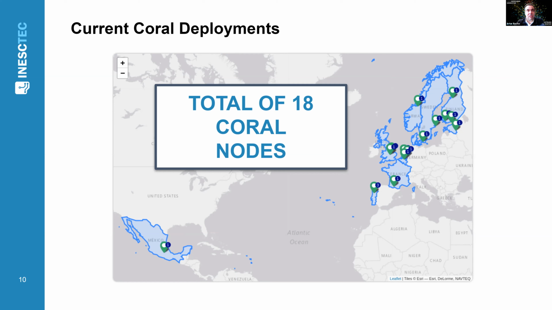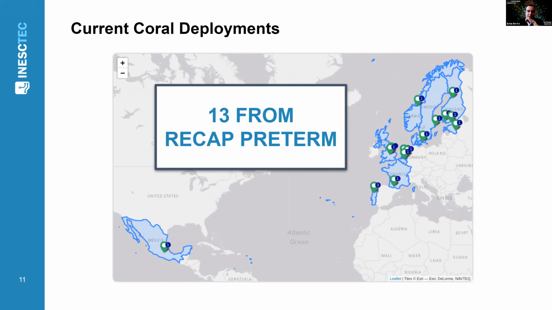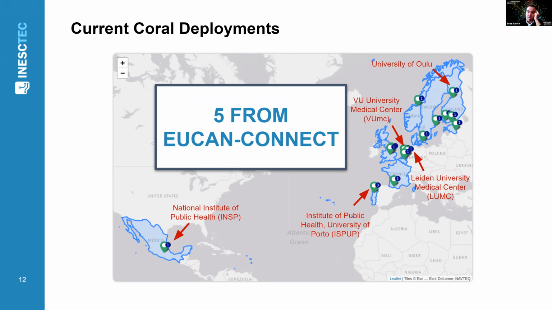Of course, we are naturally dependent on the updates of the stack and of DataSHIELD, but then they pull it from us. 13 of these nodes are from RECAP, and 5 from YouCanConnect at the moment.